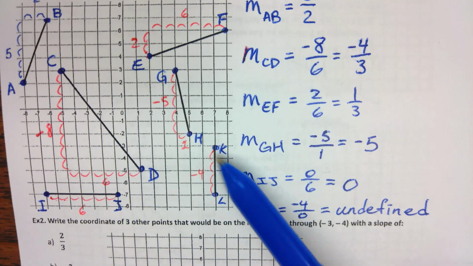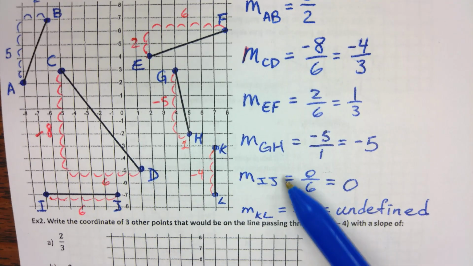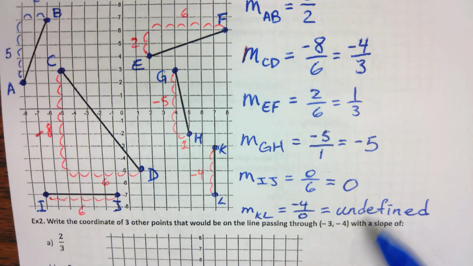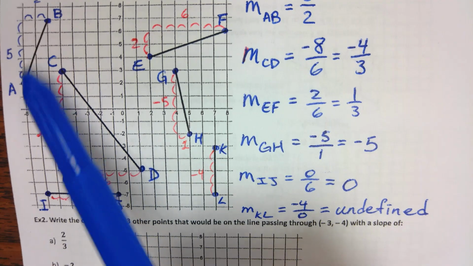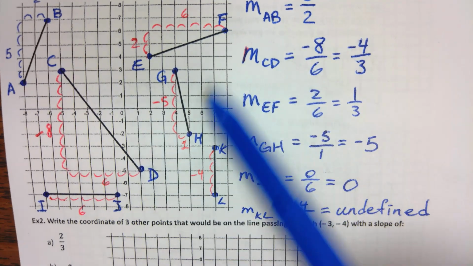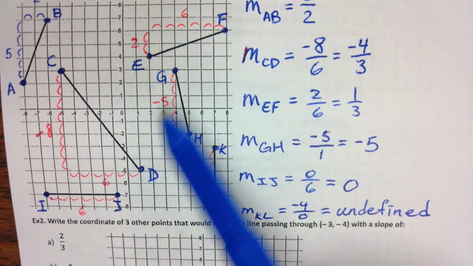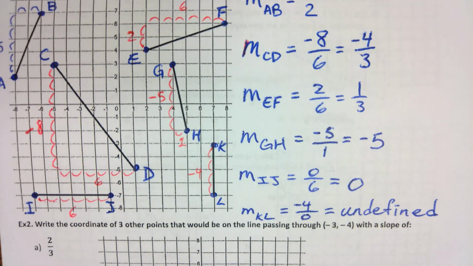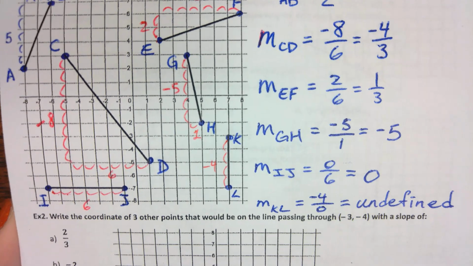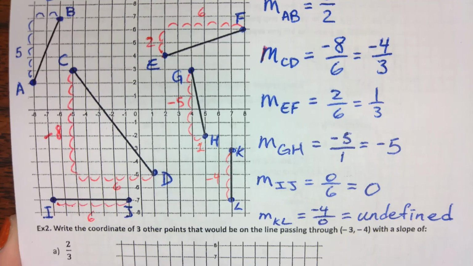On horizontal and vertical lines, the order doesn't matter because it's just 0 or undefined. But when you do the diagonal lines, do left to right so that every time you do the run, you're always going to the right side. And then the elevator up and down takes care of the positive, negative.